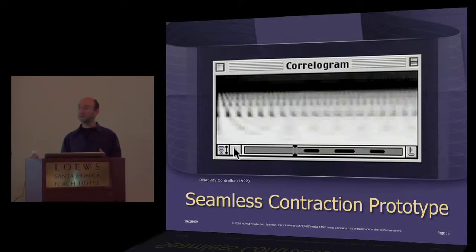Okay, that was 1992, a prototype that I wrote in C. We played the whole thing, we skipped over, you saw how the scroll bar itself changed so that the representation showed what content was being displayed at that time.